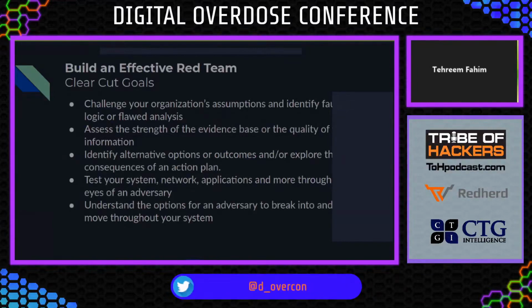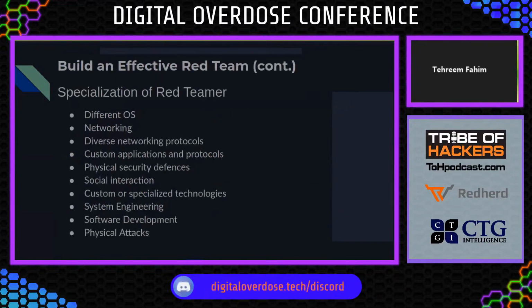Okay, as we see the important things to keep in mind while defining the goals, let's see what skill sets to keep in mind while looking for a good red teamer. The first thing, she needs to have in-depth knowledge of different operating systems like Linux, Windows, Android, etc., and of course strong networking concepts, and she also knows about diverse networking protocols and custom applications and protocols.